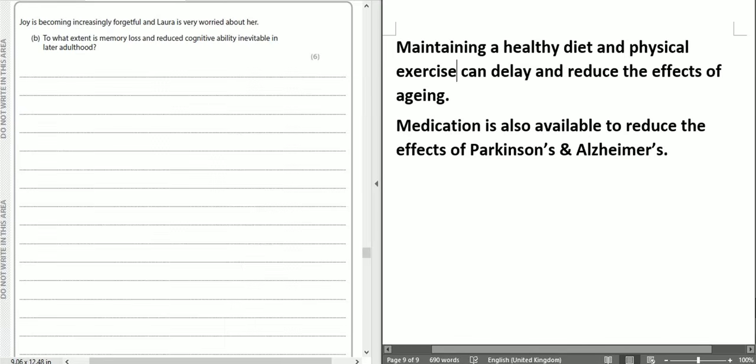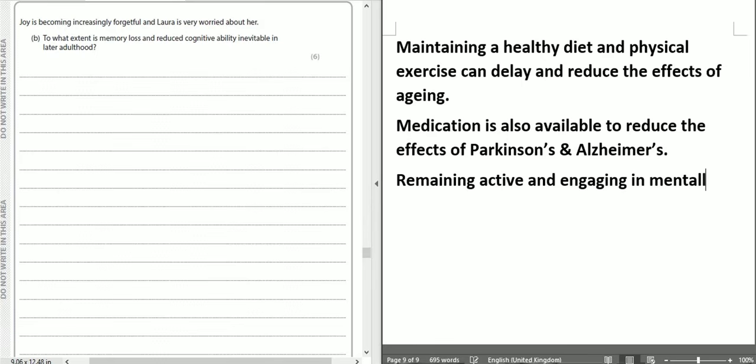I suppose also remaining active and engaging in mentally challenging tasks can keep the brain active.